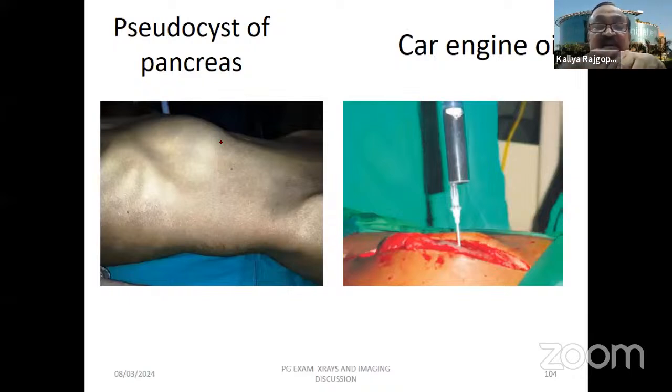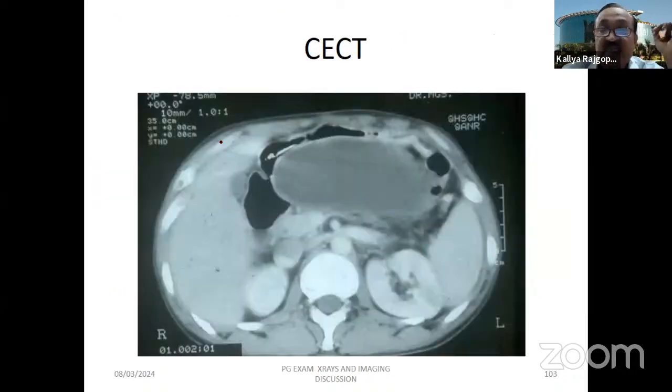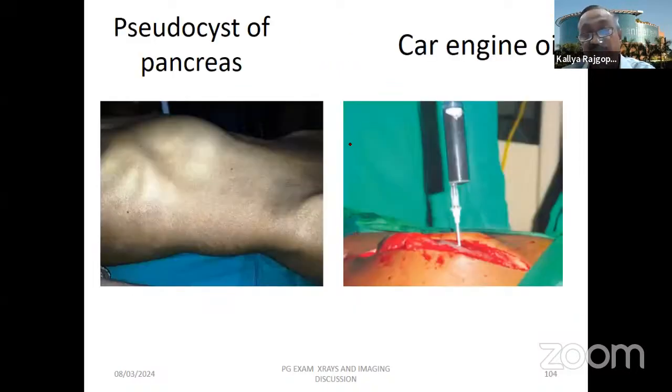An alcoholic patient comes 6 to 8 weeks later with a large epigastric mass, and you have done a classical CECT here showing a hypodense mass, and this is the pseudocyst, treated with laparoscopic cystogastrostomy. Of course, I am not going into the details here, but remember, symptomatic cysts have to be treated.